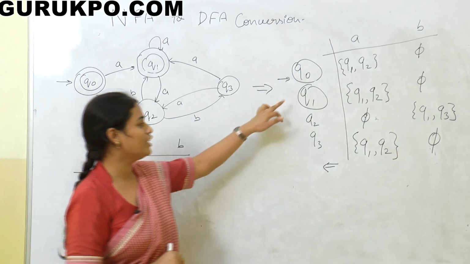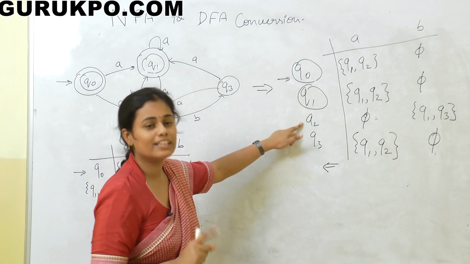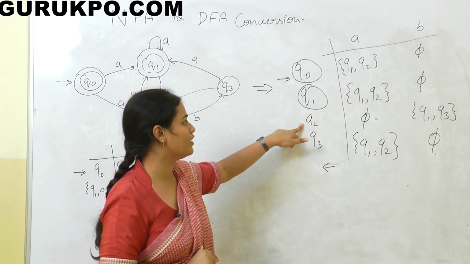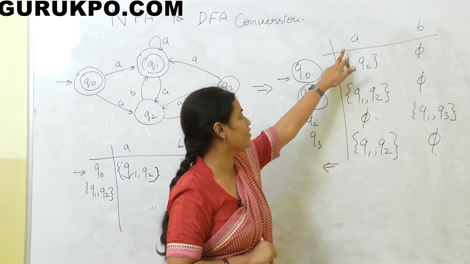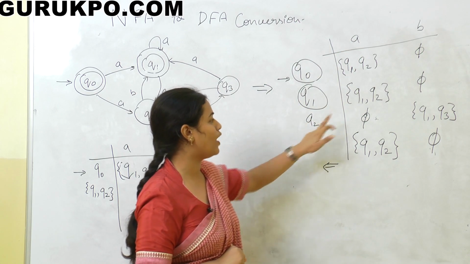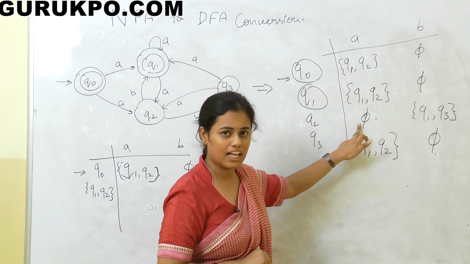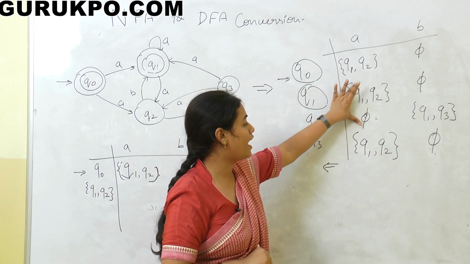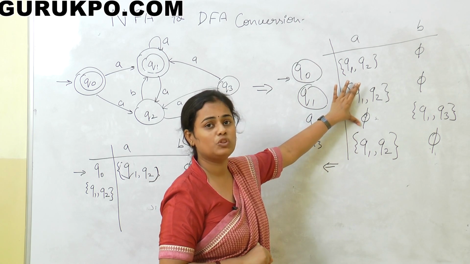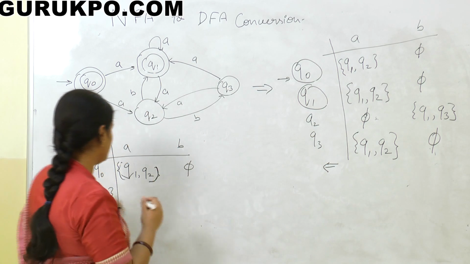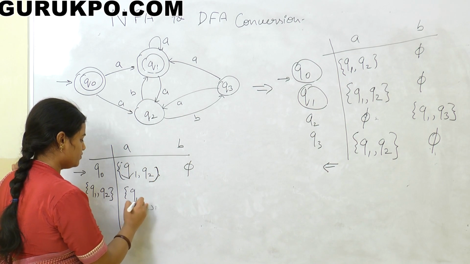What are the output symbols for Q1 and Q2? At A, at Q1 and Q2 I am getting Q1, Q2 and null. I have to make a union of these two, so here will come Q1 comma Q2.